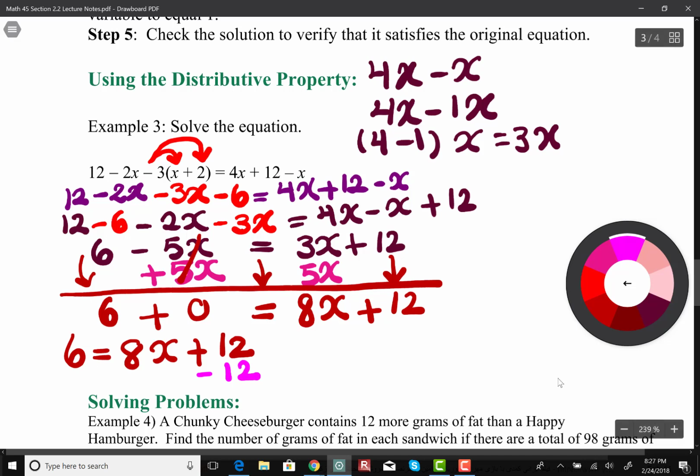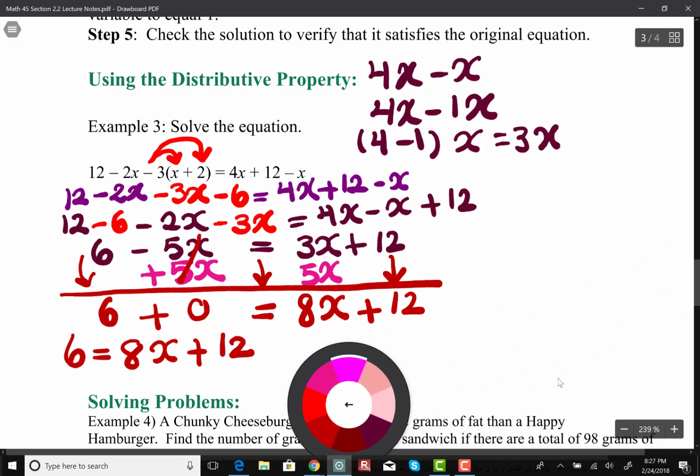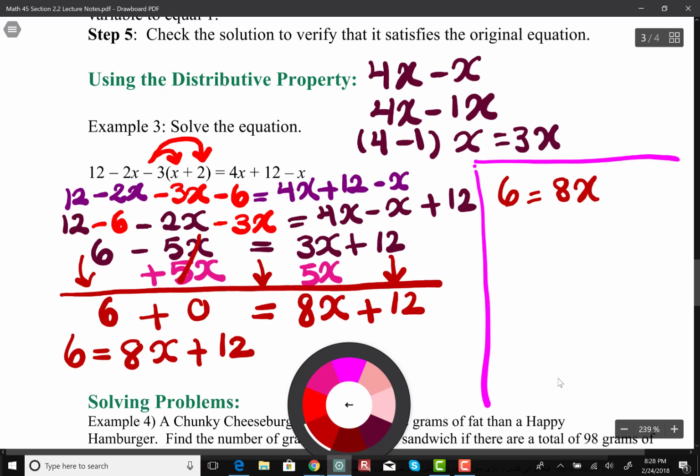Actually, let me rewrite it so we have more room. Okay, so I'll write it in here. Negative 12.